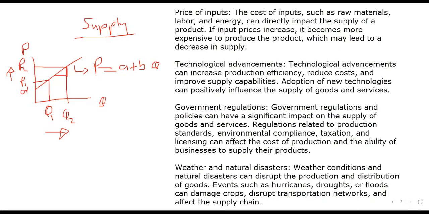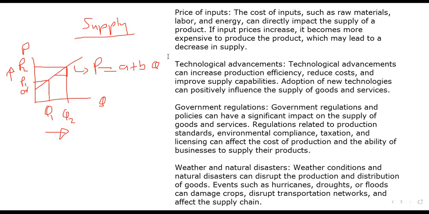Government regulations also have an impact on the supply of goods and services. When the regulations put to promote supply production, like taxation, standard compliance, and also licensing, these have an ability to affect business supply.